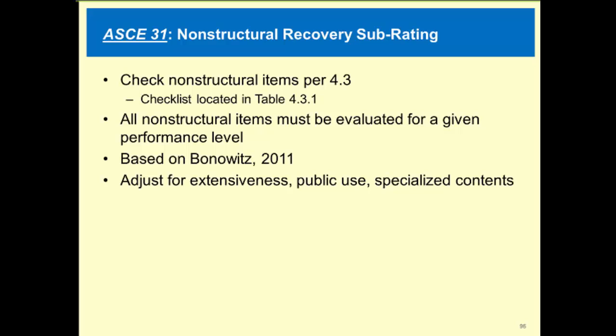And there is a modification based on how extensive certain non-compliant items are, whether or not they would affect public use, and whether or not you have specialized contents within your structure. So this is the first time we're really seeing that any type of building-specific content will affect a rating.